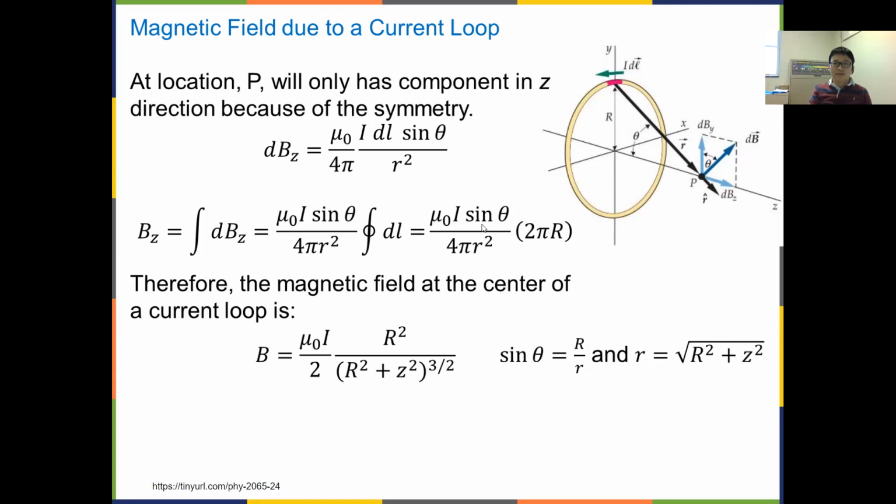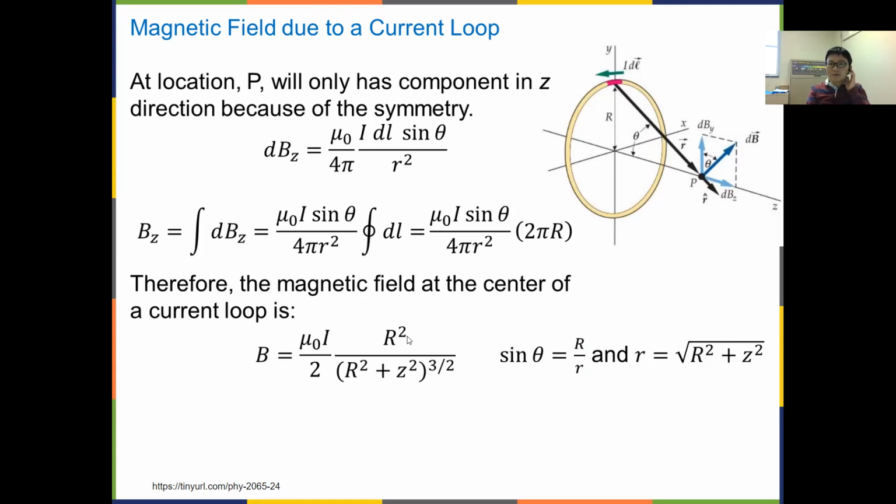So the result is mu naught I sine theta over 4 pi r squared, times 2 pi r. And small r is the square root of r squared plus z squared. The 2 pi and 2 pi cancel, so it becomes just 2, and then there will be r squared. Sine of theta gives you another square root of r squared plus z squared, so at the end you have the 3 halves power at the bottom, and on the top you have r squared.